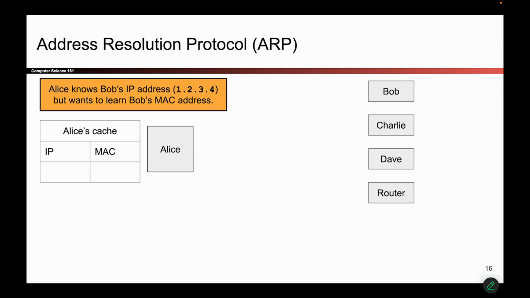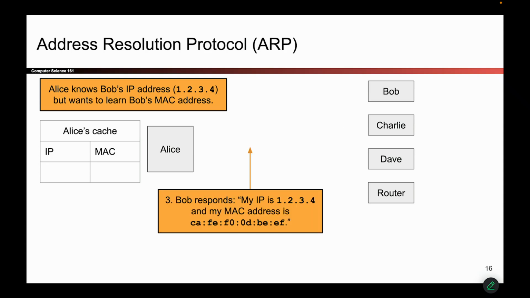Now, what should happen is when Bob hears this message, Bob's going to think 1.2.3.4 is me. So Alice is asking me for my MAC address. So Bob can reply directly to Alice and say, my IP address is 1.2.3.4, and this is my corresponding MAC address. So Bob replies with the answer. Everybody else is not Bob, so they can just ignore the request.